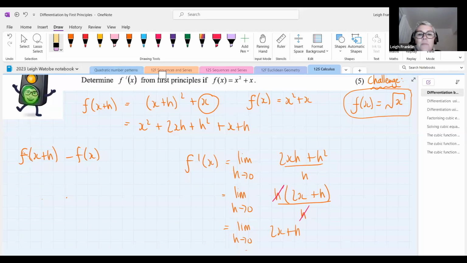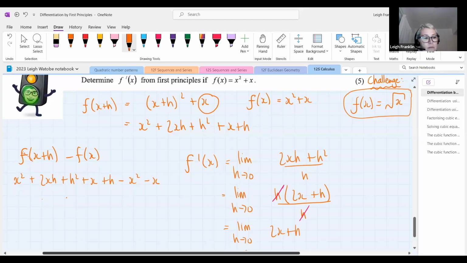Okay, so that means that we end up with x squared plus 2xh plus h squared, plus x plus h, minus x squared, minus x. That's why it's never a good idea for me to write too quickly.